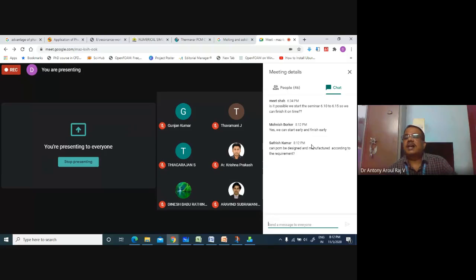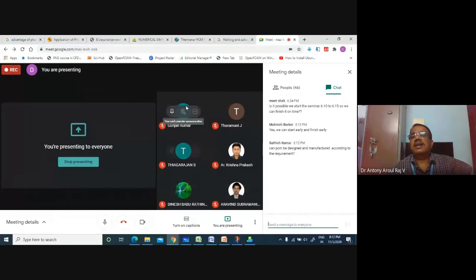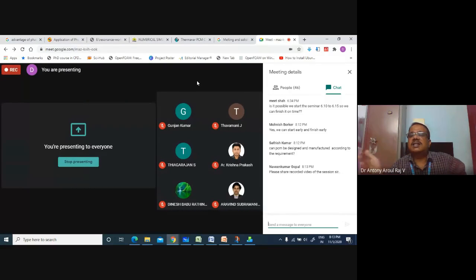Can PCM be designed and manufactured according to the requirement? Yes, it is being done. We have some organic substances which change phase at different temperatures. If you want a temperature in between, you take a mixture of 2 materials. For example, you have a material which melts at 35 degrees, and another which melts at 30 degrees.